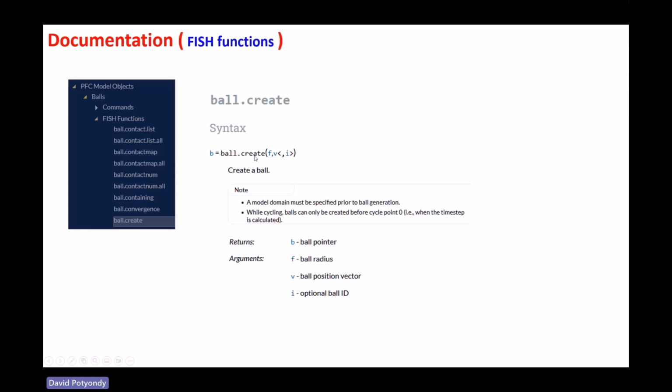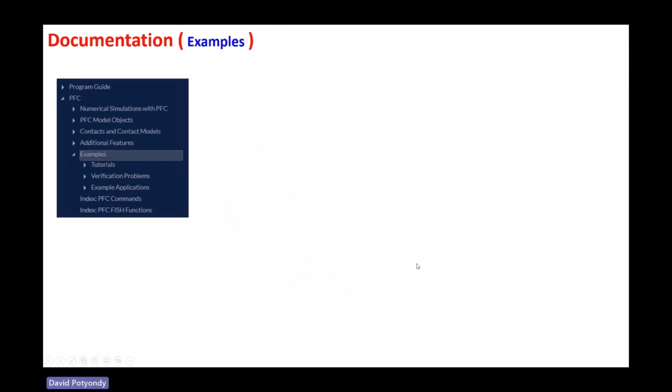When you're done, this function returns a pointer to that ball, which is why that's on the left-hand side. So you would say my_ball equals ball.create, and then you can do things with my_ball because you have a way of referring to it. We call that a pointer. And then there are extensive examples in the documentation.